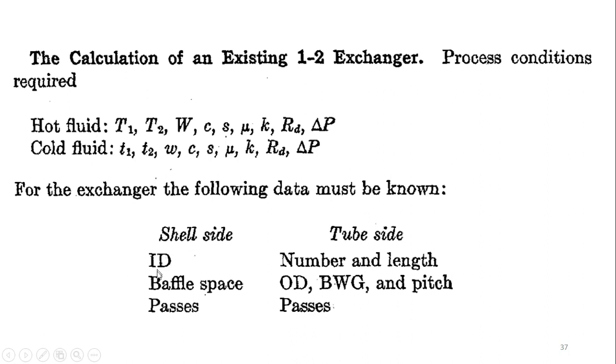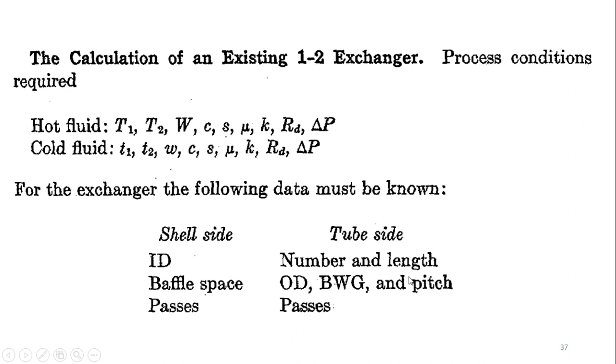For the shell side, you will need the internal diameter, the baffle spacing, the baffle passes and the shell passes. For the tube side, you need to know the number of tubes, the length of the tubes, the outer diameter, and the BWG (Birmingham wire gauge), which is the standard for the different kinds of tubes you will use, as well as the tube pitch and the number of passes.